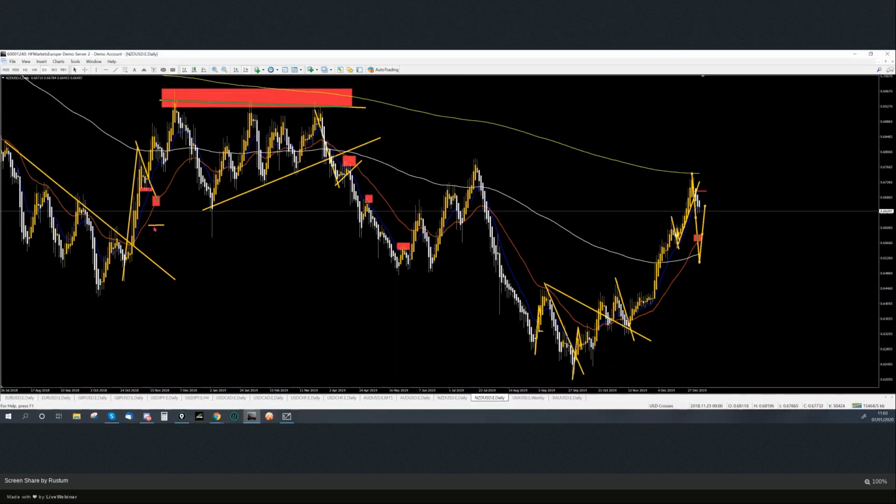And your stop loss is up there, looking for that target. Always remember your target needs to be twice as much as your entry.